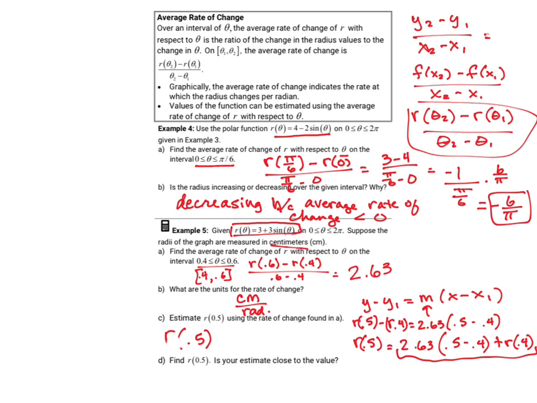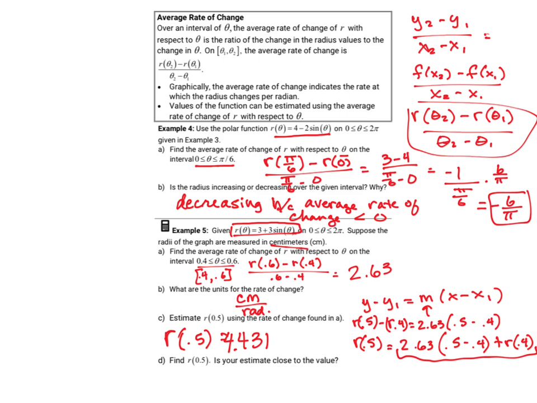Let's go 3 decimal places. 4.431. We agree? Did you get that? Excellent. So I just rearranged point slope form. Solve for R of 0.5.